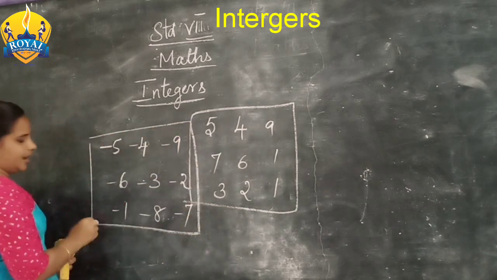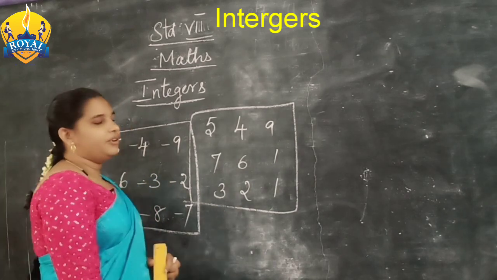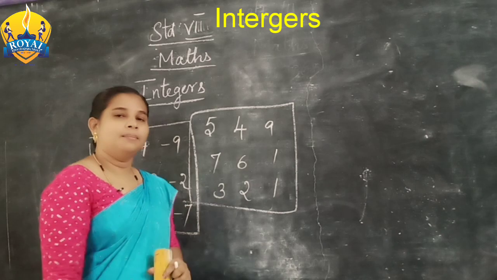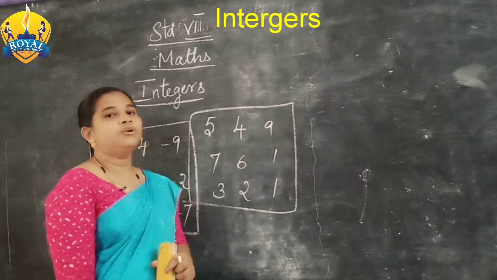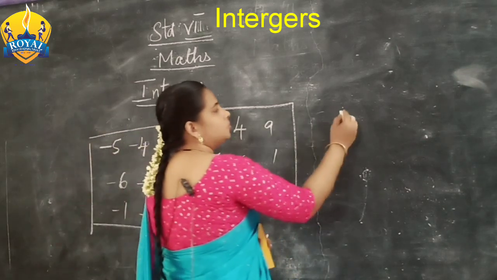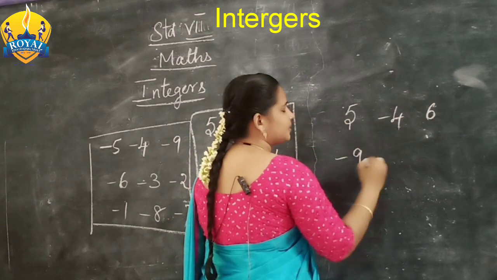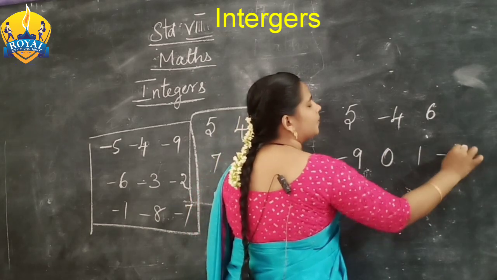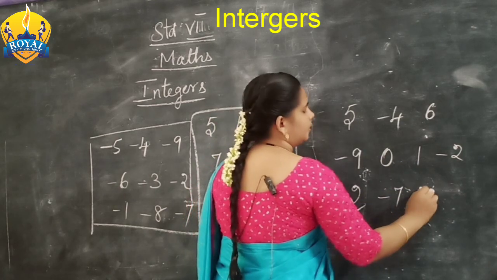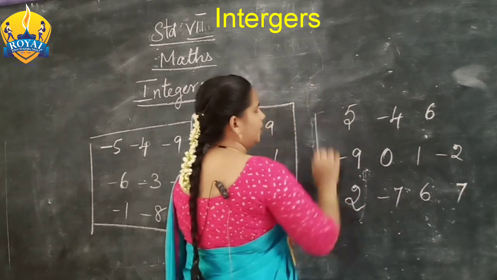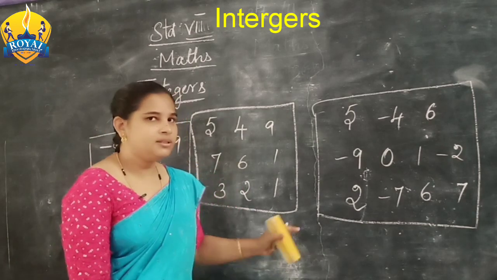These numbers are negative numbers, but we call a bigger collection of numbers, which contains whole numbers and positive numbers, like 5, minus 4, 6, minus 9, 0, 1, minus 2, plus 2, minus 7, 6, plus 7, and so on, integers. Okay, students?